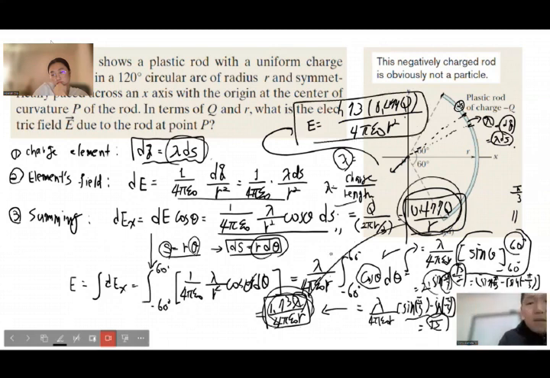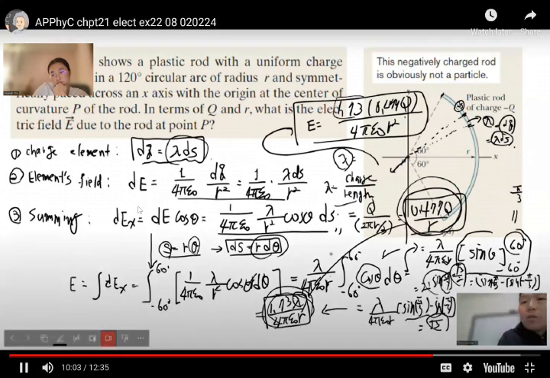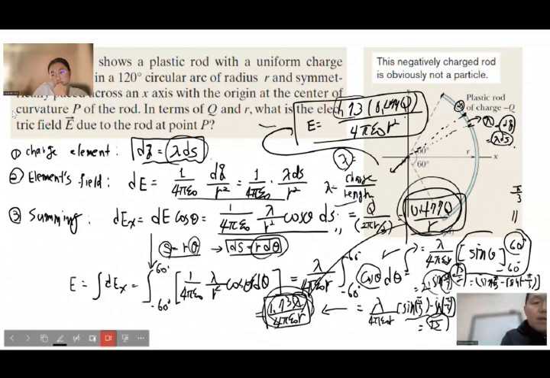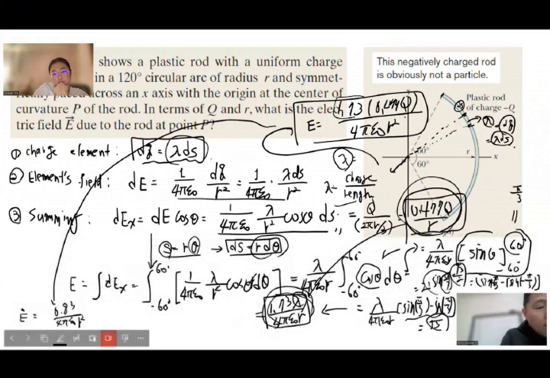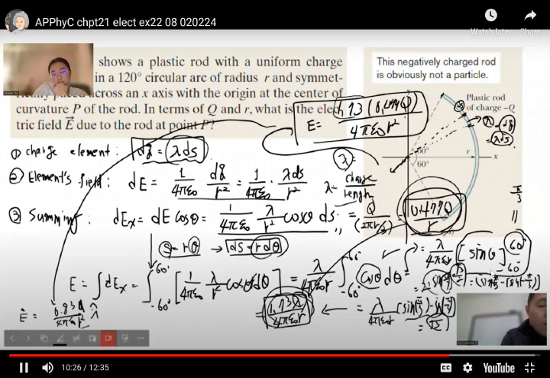So basically, if you multiply 1.37 by 0.477, then the total electric field in vector form equals 0.834 Q over pi epsilon r squared, in the unit vector i direction.